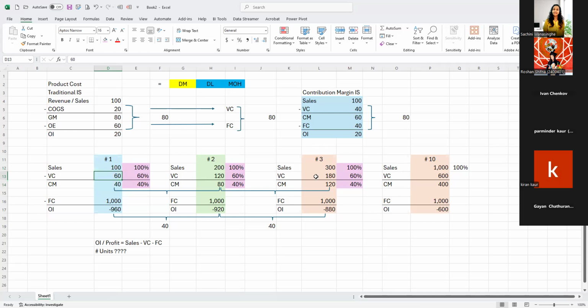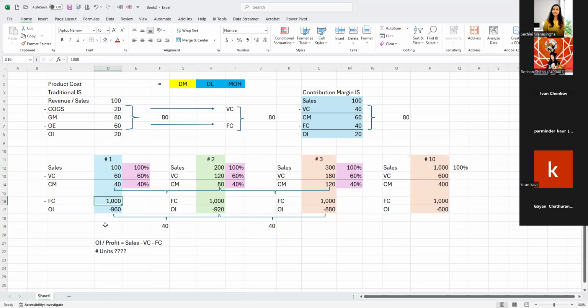Per unit stays the same, in total goes up. Because of that, that proportion is always going to stay the same. Sales also. What drives the sales? Number of units. What drives the variable cost? Number of units. Make sense?